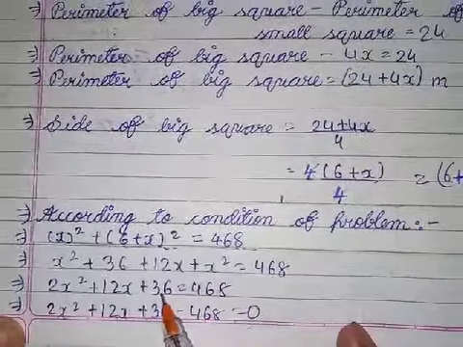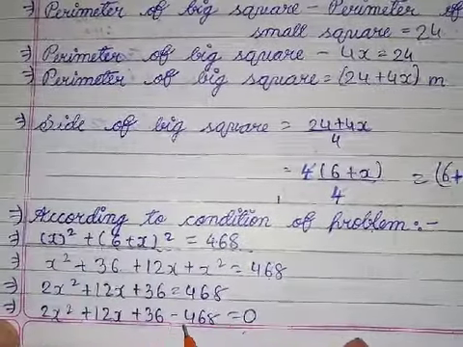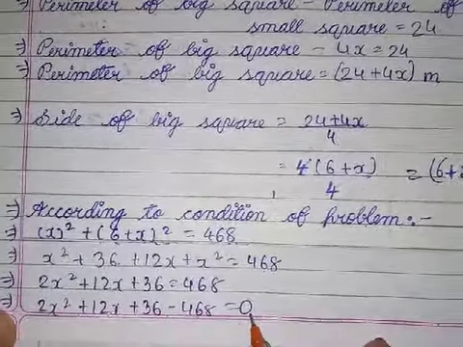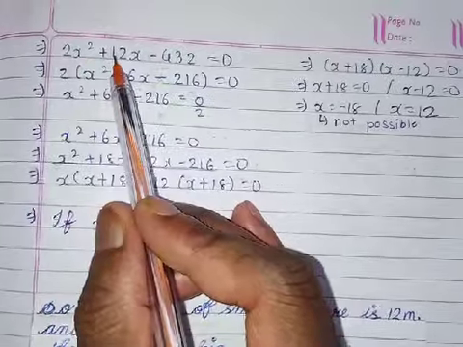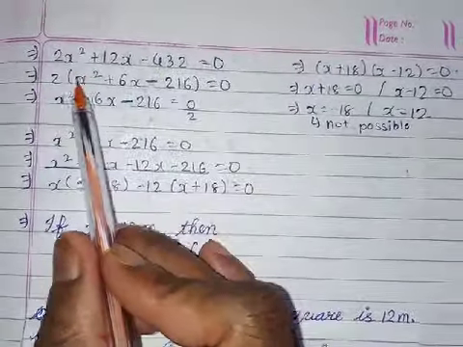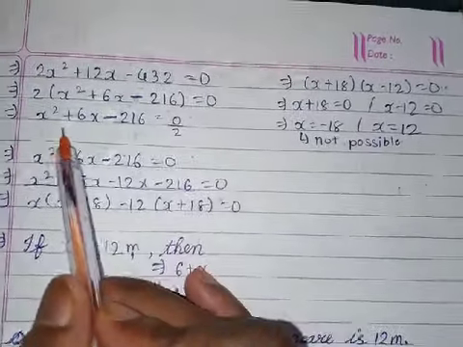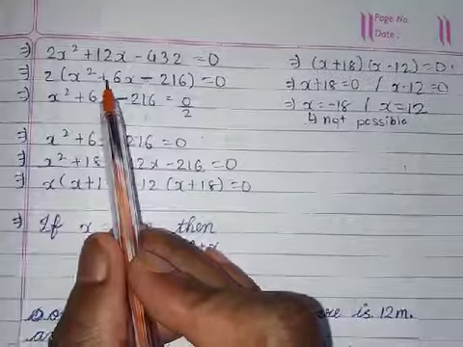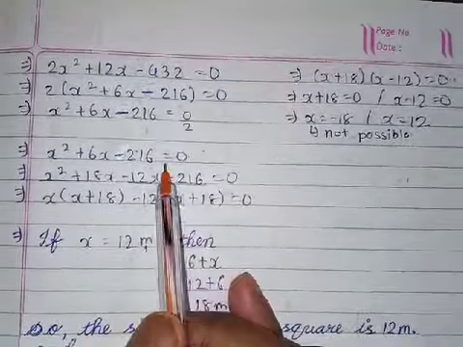Then bring 468 inside, you will get 2x square plus 12x plus 36 minus 468 is equal to 0. Then we get 2x square plus 12x minus 432 is equal to 0. If we take 2 common, it will be divided, with 0 by 2 being 0. So we get x square plus 6x minus 216 is equal to 0.